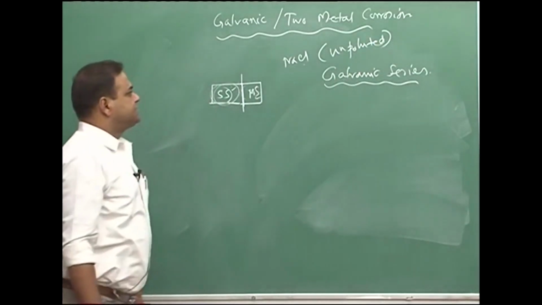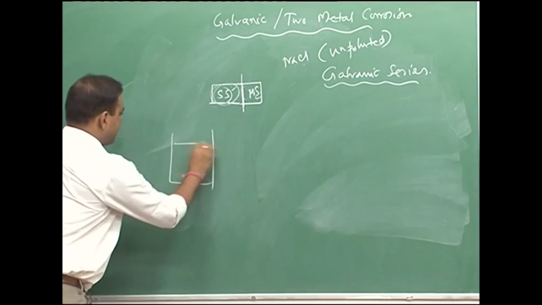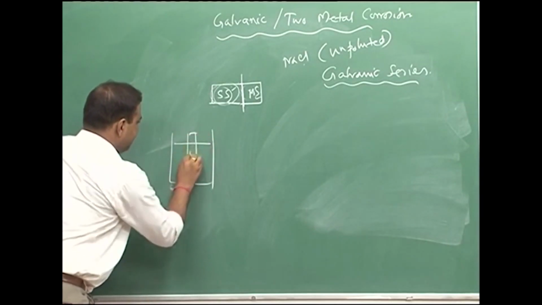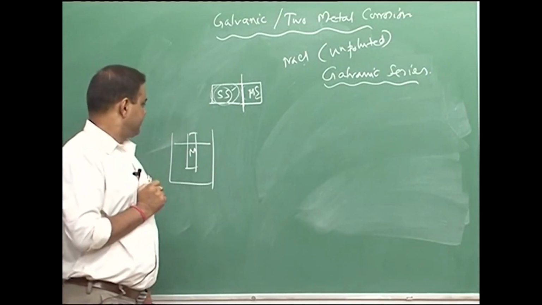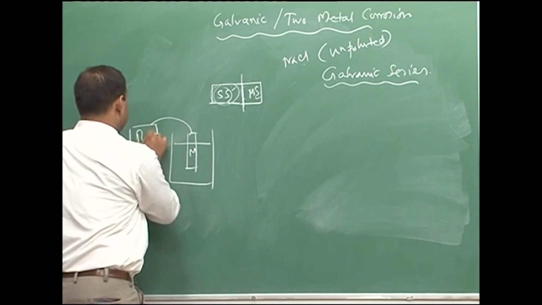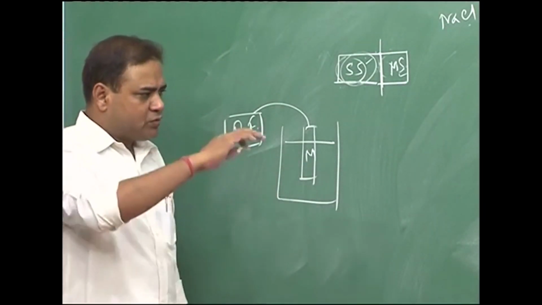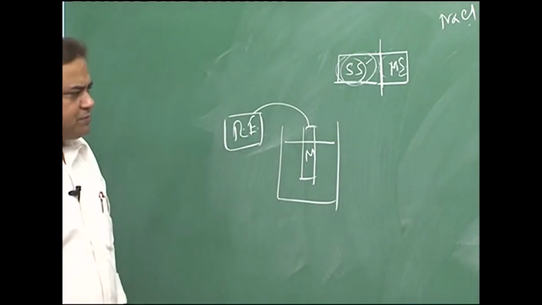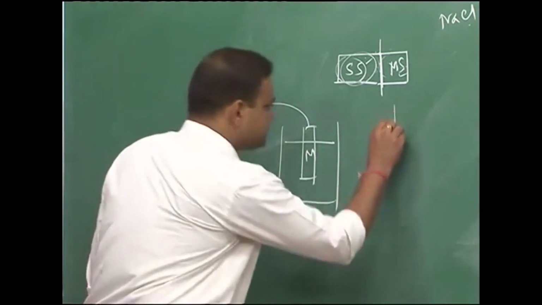If we dip a particular metal object M in this seawater solution, it will have its own free corrosion potential. If you measure the corrosion potential with a reference electrode, we can see that in most cases it stabilizes at a particular potential, and that corrosion potential is called the free corrosion potential.